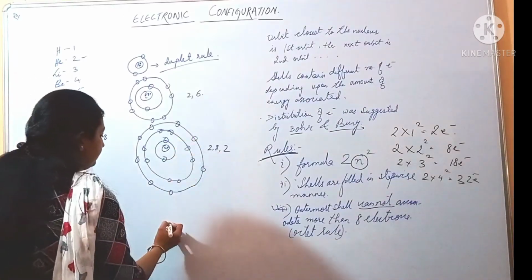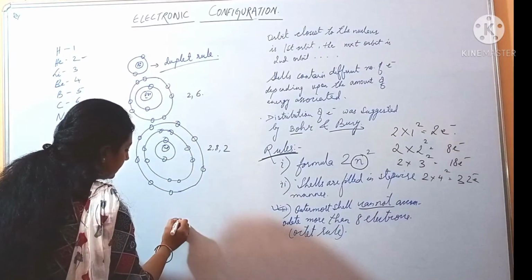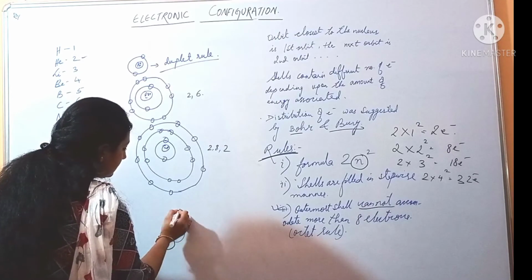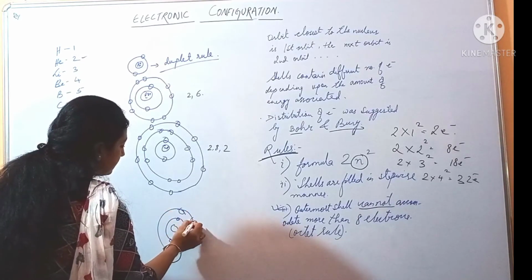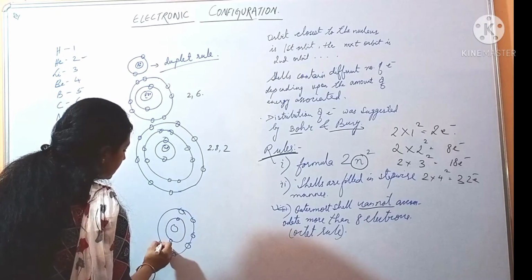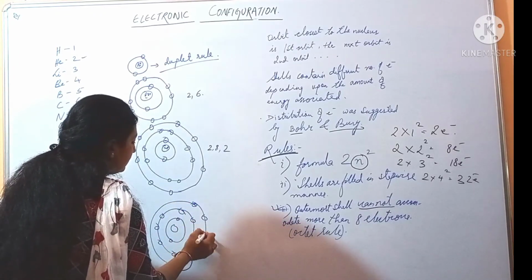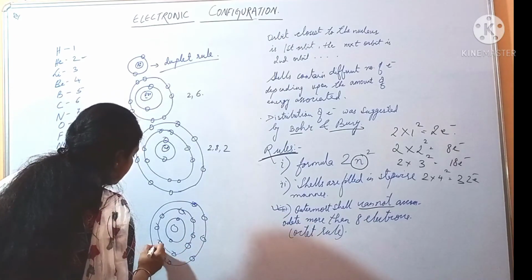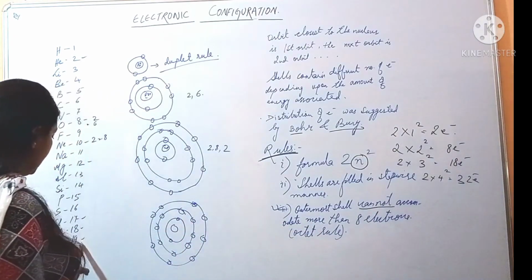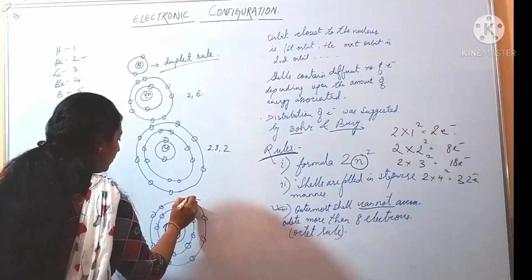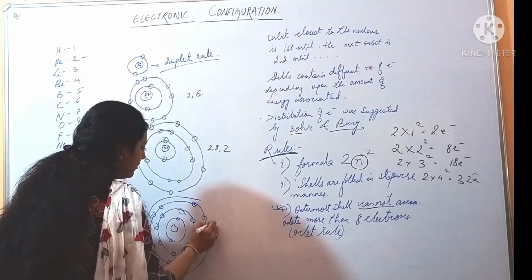It will go like this: first shell with 2 electrons, second shell 8, third one will also have 8. This extra 1 electron will go to the fourth shell.